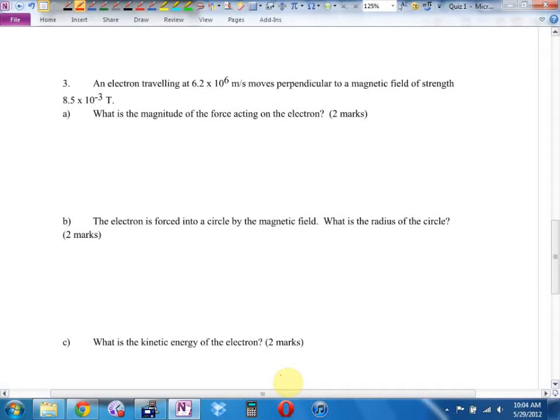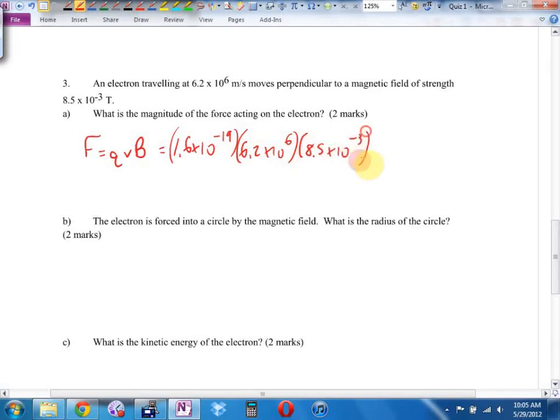Number 3. An electron traveling at 6.2 times 10 to the 6th meters per second moves perpendicularly to a magnetic field of strength 8.5 times 10 to the negative 3. What's the magnitude of the force? This is straight plug and chug. 1.6 times 10 to the negative 19, V 6.2 times 10 to the 6th, B 8.5 times 10 to the negative 3.